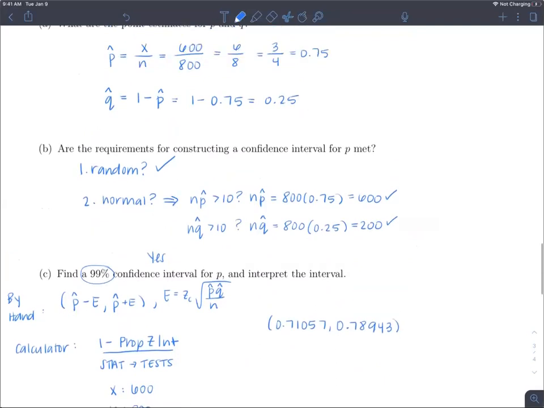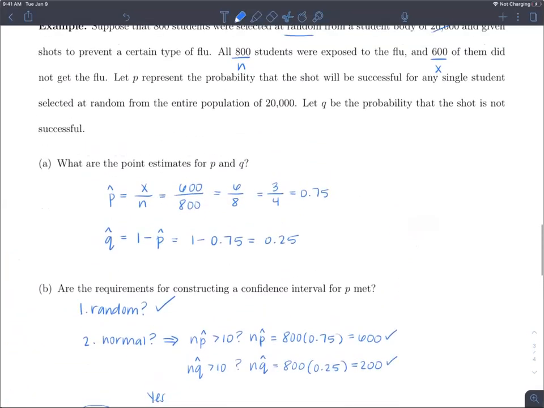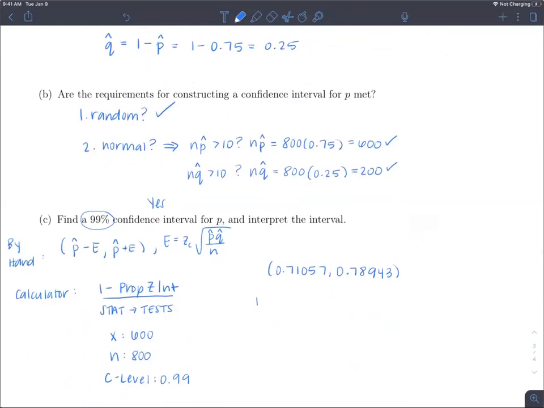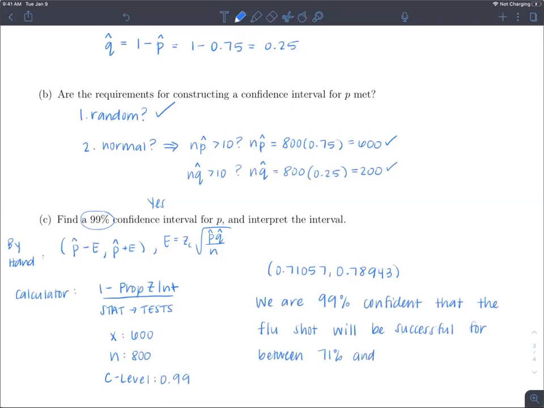And then your interpretation. So let me scroll back up real quick. You're going to say we are 99% confident that the flu shot will be successful for between 71% and 79% of the 20,000 students at that campus.